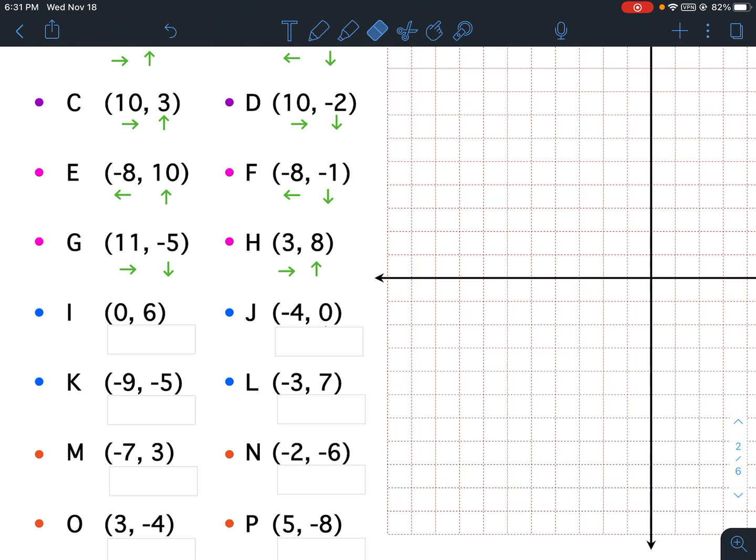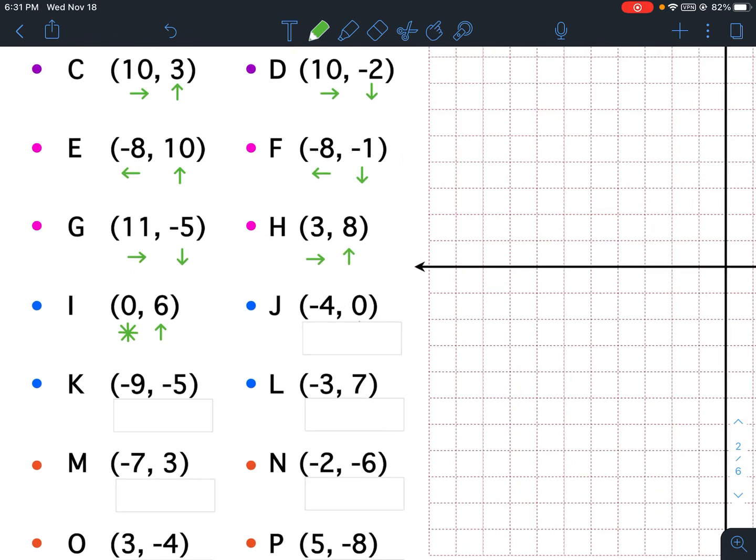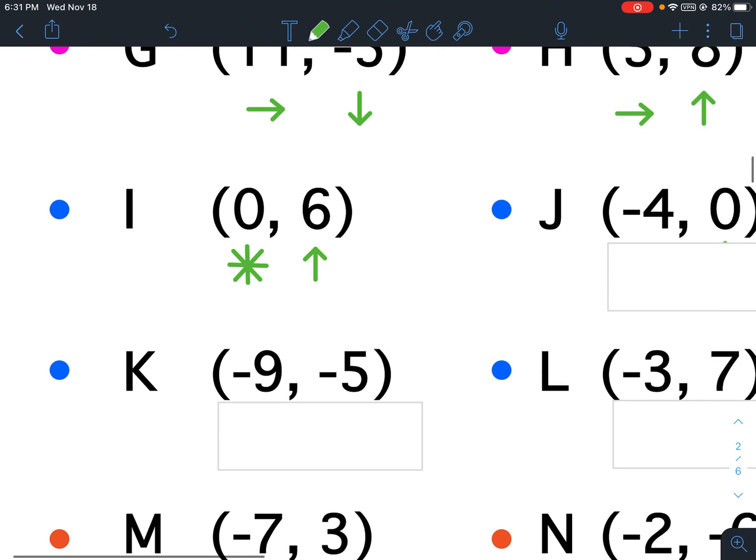Now I and J are a special case. Both of them contain a 0, which means for I, we don't move left or right. So I put a star in that first spot, meaning we don't move left or right. We just go upward. Well, if we are going just upward for I, that means that this point will be on the y-axis.